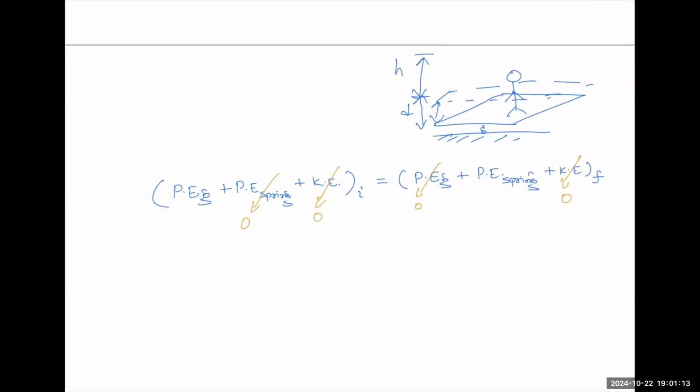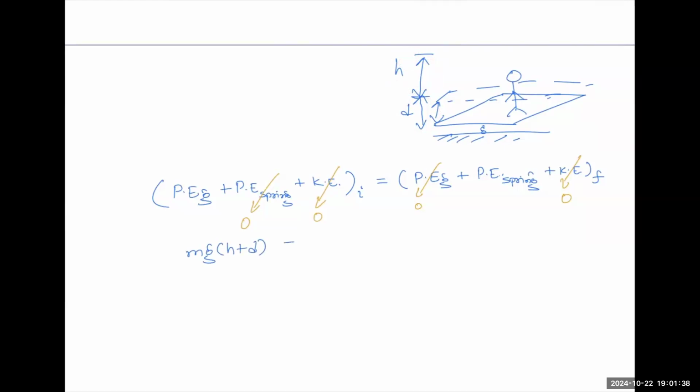All right. So now my potential energy due to gravity, up to what height did she drop? H. Okay. H plus D, that's the height, right? So that means my potential energy due to gravity is mg(h plus D). Make sense?